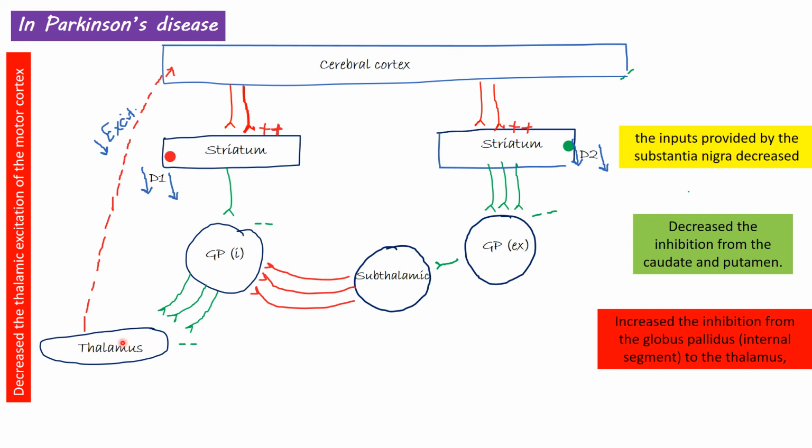So there is decrease in the excitation of the motor cortex, leading to akinesia, or the decrease in the initiation of voluntary movement. And if the subject tries to perform the voluntary movement, the movement will be exhausting, limited, and stiff. There is difficulty in the initiation of voluntary movement due to decrease in the excitation coming from the thalamus to the cerebral cortex.